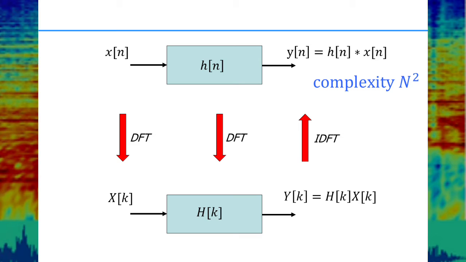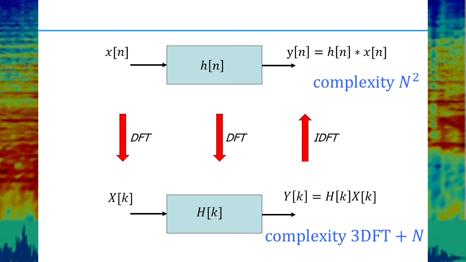Since multiplications are computationally more expensive than additions, let us say that we have complexity N squared. For the bottom part we need to calculate 2 forward and 1 inverse DFT, or, since the equations of the DFT and the inverse DFT are nearly identical, let us say that we need 3 DFTs. We also need to calculate the product of N complex numbers, namely the DFT of x and the DFT of h.